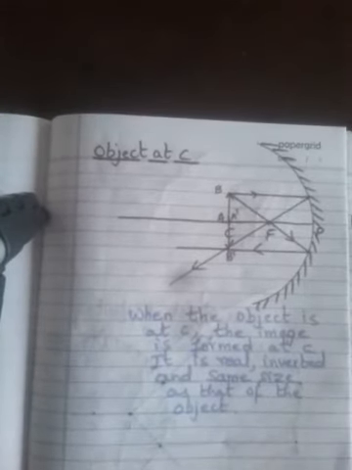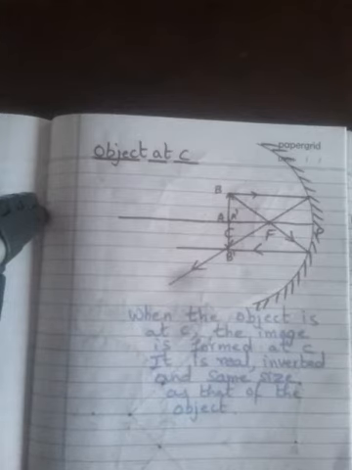Okay, so this is about the ray diagram of a concave mirror when the object is placed at C.